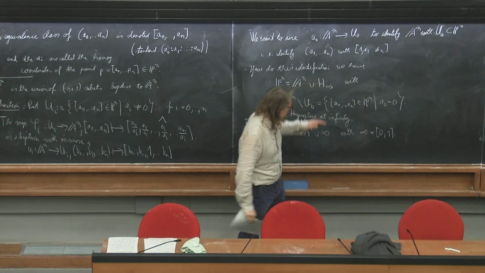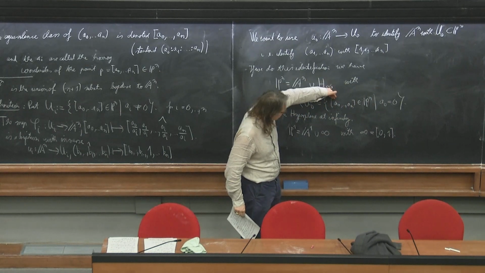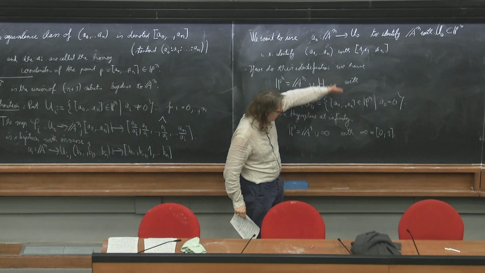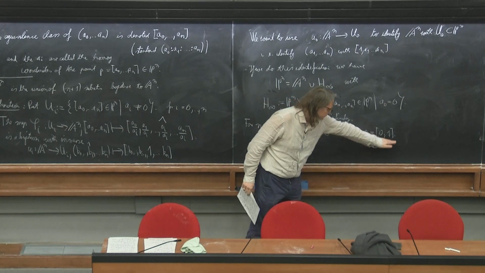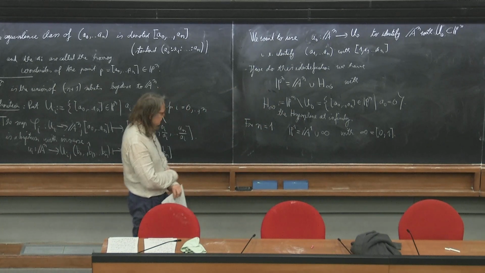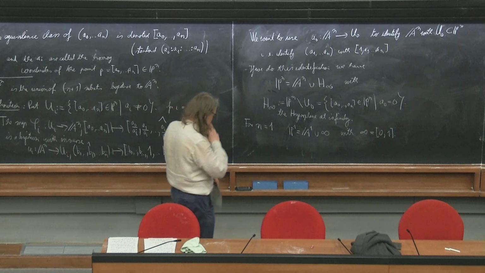It is by itself (0, a), but obviously these are only up to multiplying constants, so it's just (0, 1). So for P^1, we just add one point to A^1.